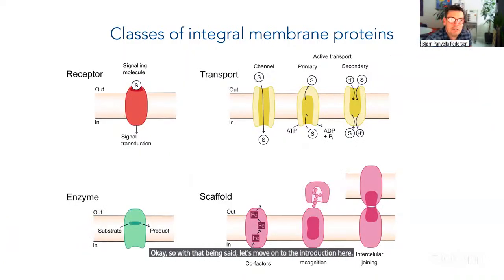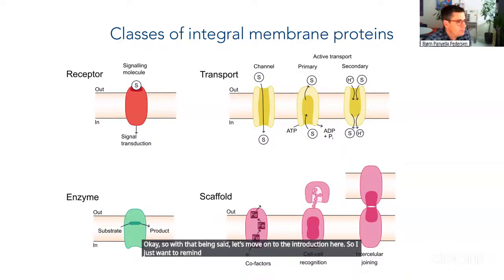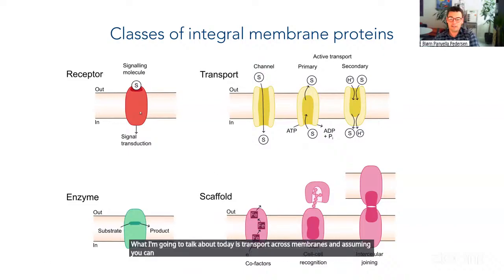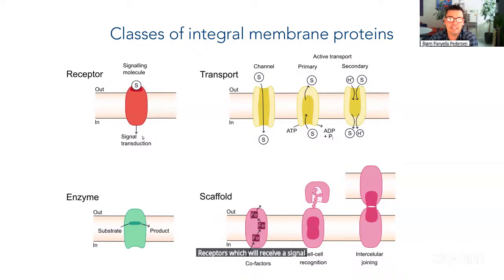I just want to remind everybody what membrane proteins are. What I'm going to talk about today is transport across membranes. Overall, we can talk about 4 different classes of membrane proteins. You can have receptors, which will receive a signal on the outside and send the signal inside.